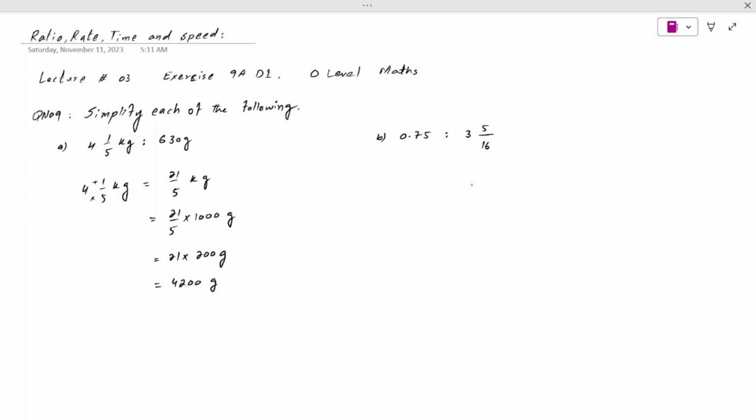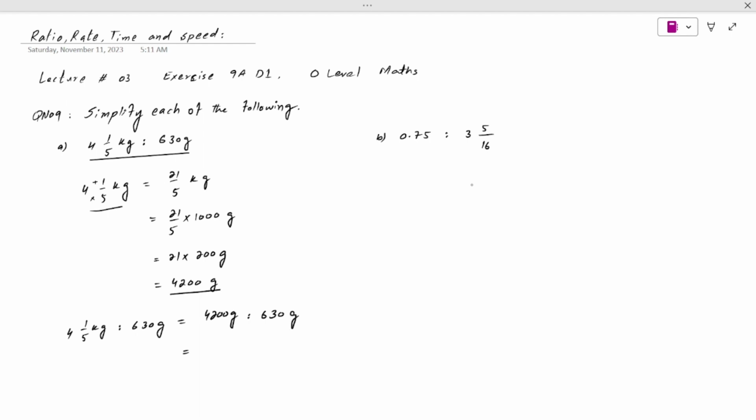4200 grams. So the ratio which is given is now converted: 4 and 1 over 5 kilograms ratio 630 grams is now 4200 grams ratio 630 grams, because the quantity 4 and 1 over 5 kilograms is now equal to 4200 grams.